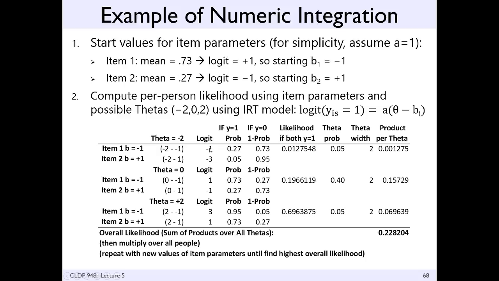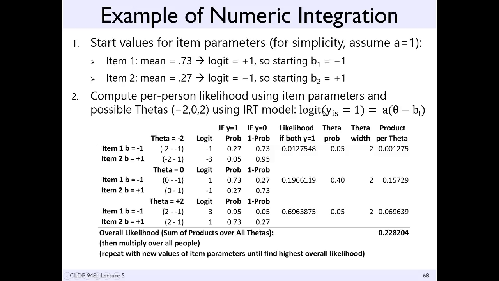So if I got a 1, then what goes into my formula for height is 0.27, because that's what it corresponds to. If I got a 0, what goes into my formula for height is 0.73. So this is just the probability that I got what I got.